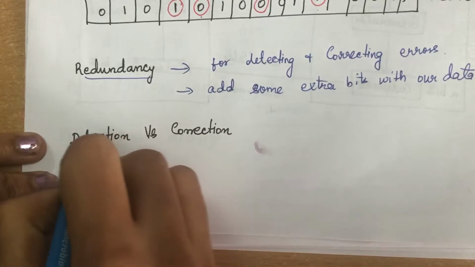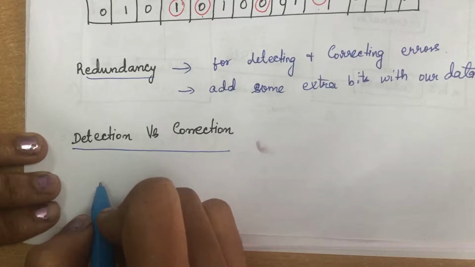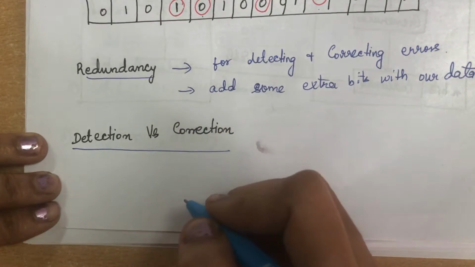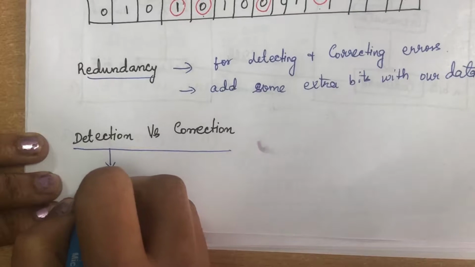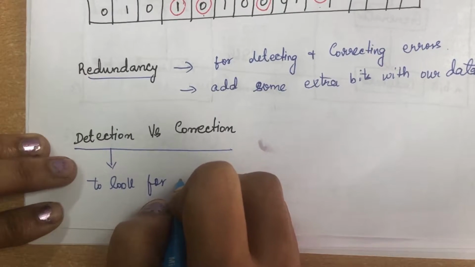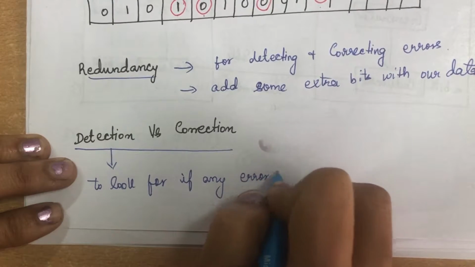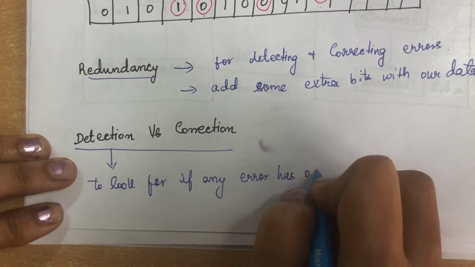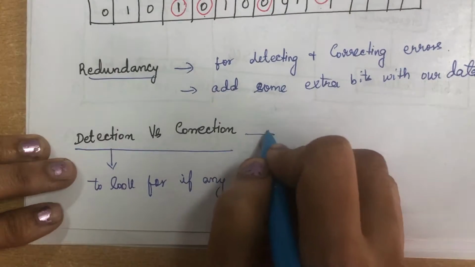Next we will see the difference between detection and correction. Detection is when we look to see if any error has occurred. That is called error detection. What is correction?